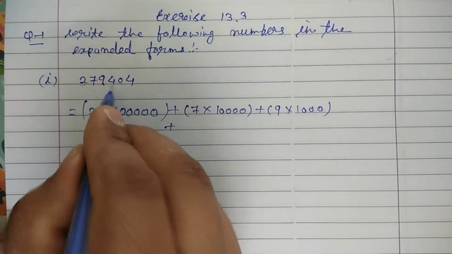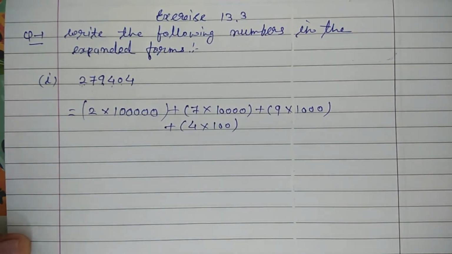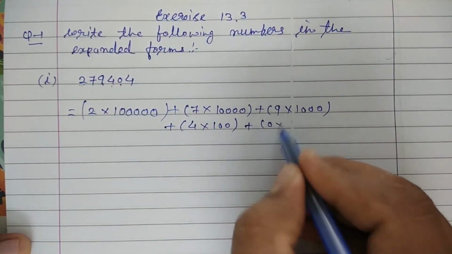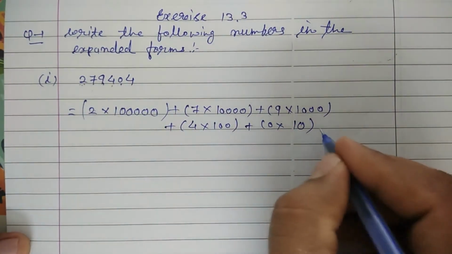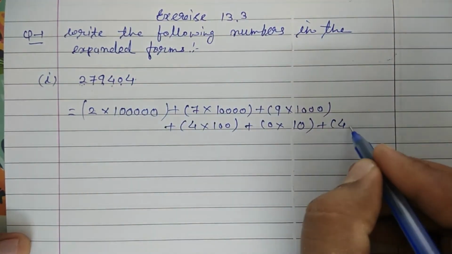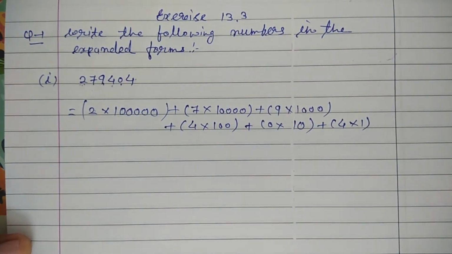Then plus this 4 is at 100 place, so we will write 4 multiplied by 100, plus this 0, it is at which place? Tens place, that is 10 we will write, and plus this 4 is at ones place, so we will write it as 4 multiplied by 1.